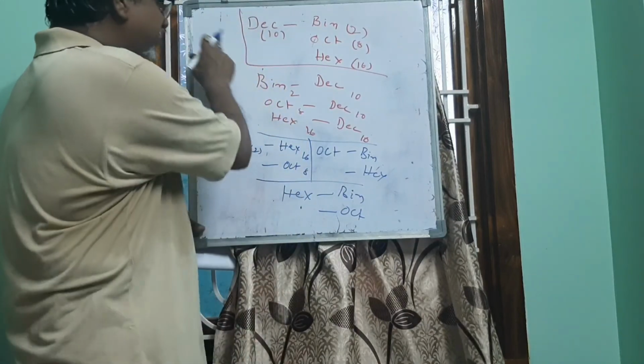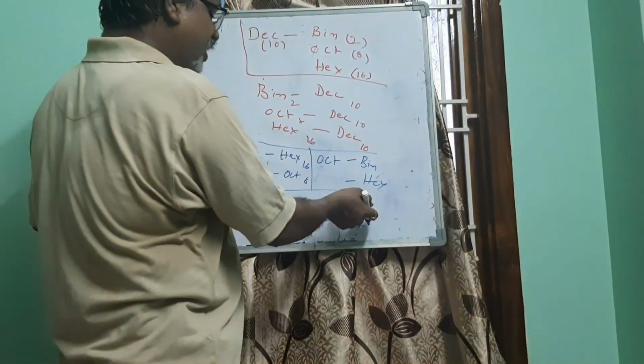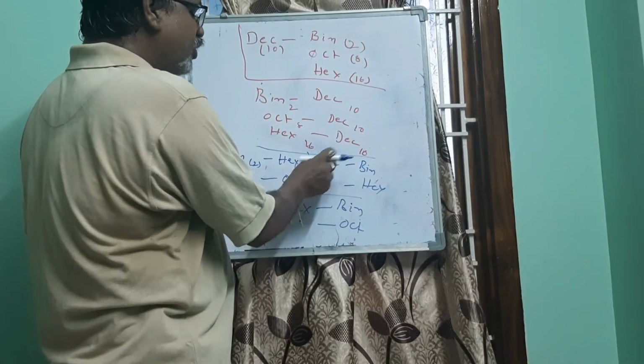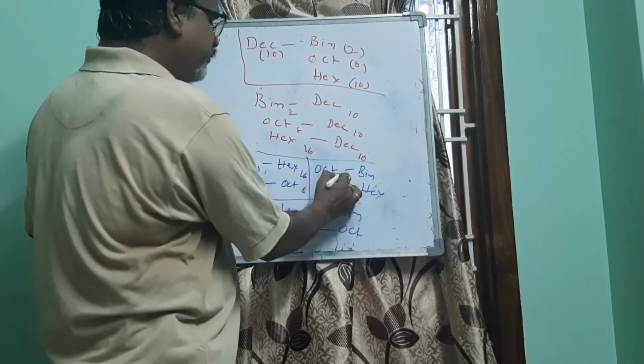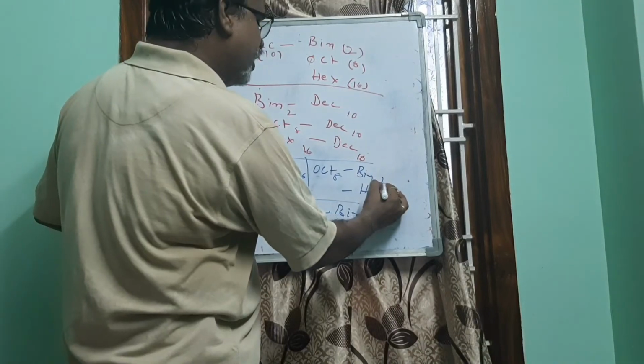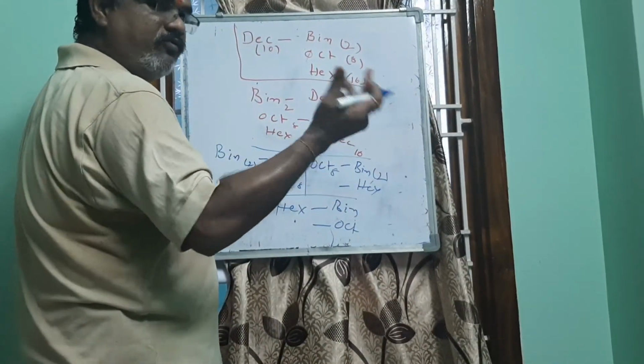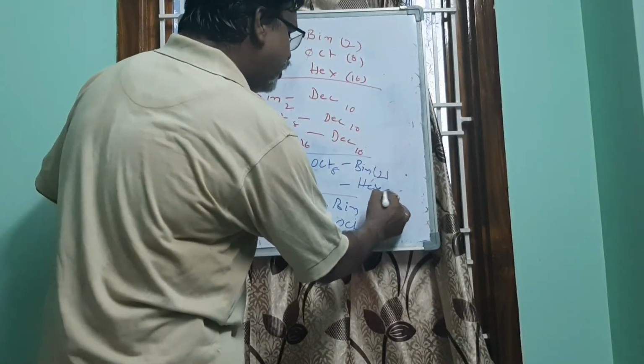Whatever hexa value I have taken, the same I have converted into binary, and the same binary value is converted to octal. Here also, whatever octal number is given, base 8, first I converted that into the binary value, then the given binary value, after grouping them into 4 bits, I have converted that into hexadecimal.